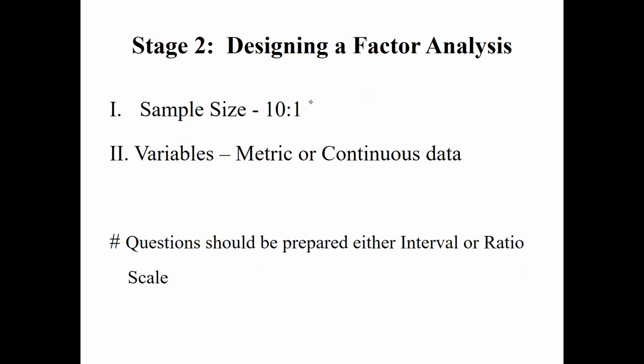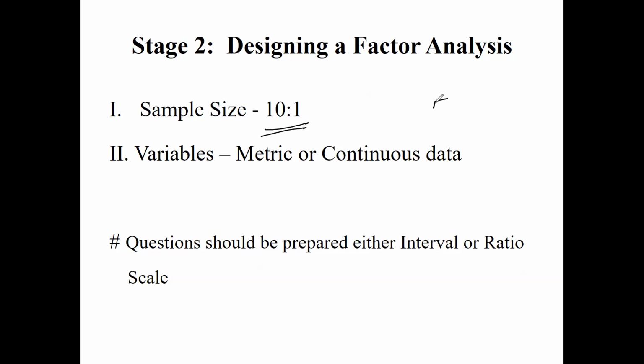Now if we want to conduct exploratory factor analysis in our research paper, what should be the ratio? What should be the sample size? Sample size is 10:1. What does it mean?